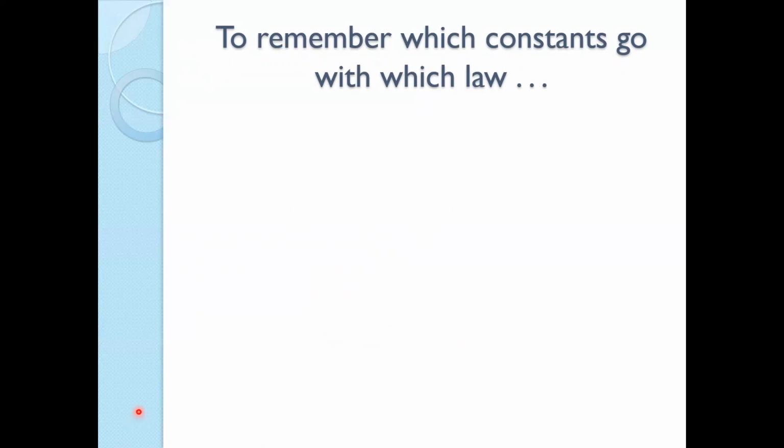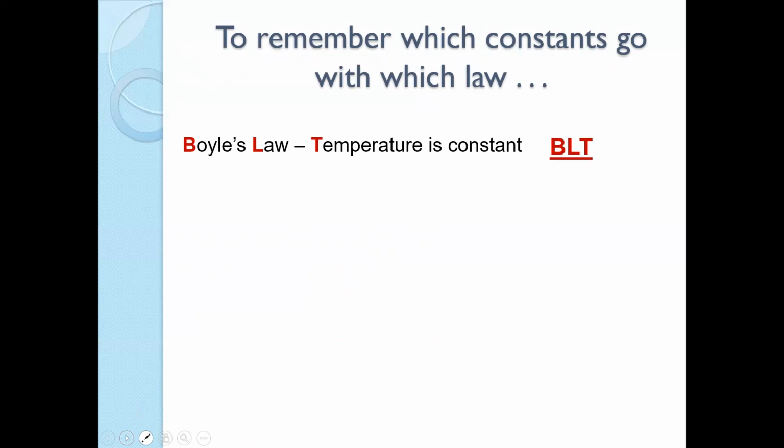To remember which constants go with which law, again, you can use easy phrases to remember each one. For Boyle's law, temperature is constant. You can take the initial letter from each word, so B, L, T. Boyle's law, temperature is constant.